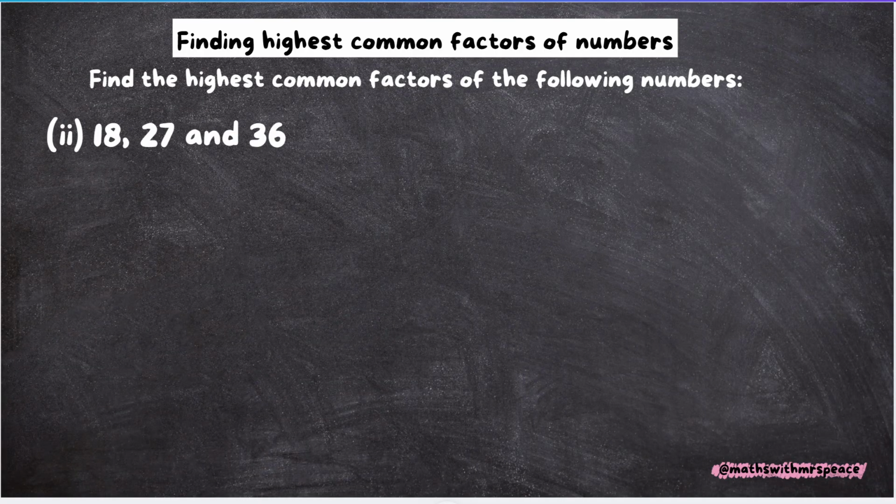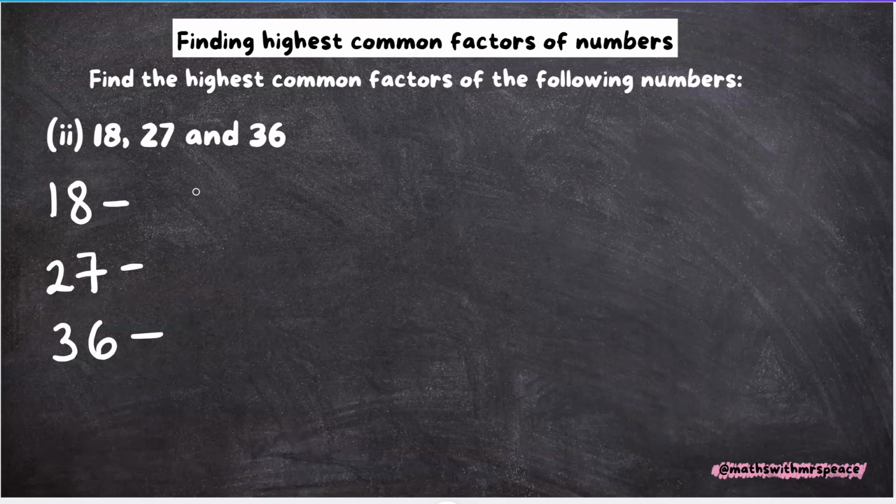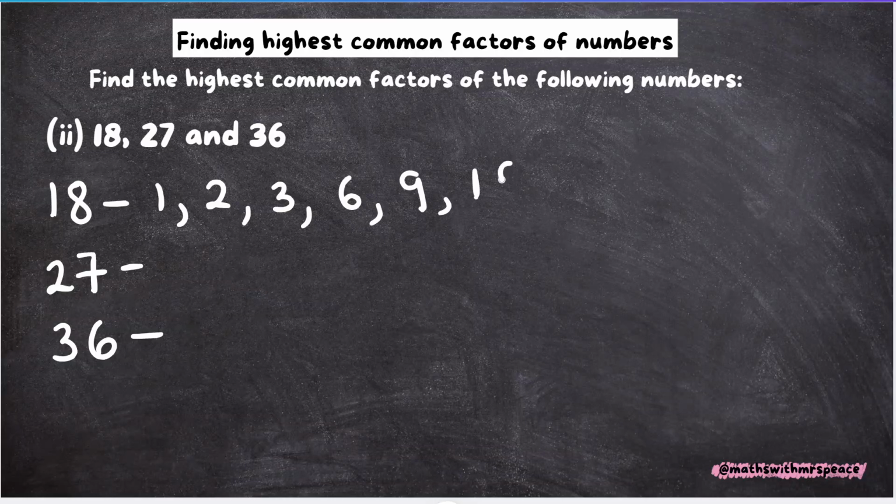This one is find the HCF of 18, 27, and 36. We have three numbers in this instance, but like I always say, the process is exactly the same. So we're going to list factors of 18, we'll list factors of 27, and we'll also list factors of 36. So factors of 18 will have 1, 2, 3, 6, 9, and 18.